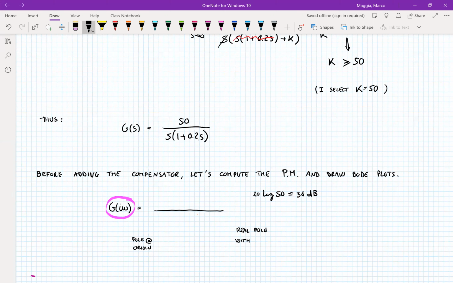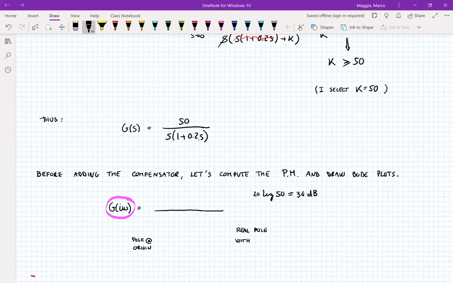So you see that here we haven't started designing a lead compensator or a lag compensator. We've just taken care of the steady state error. And let me repeat, that is because the way the lead or lag compensators are written, they cannot modify the steady state error. So we have to find a way to modify the plant beforehand. Okay.